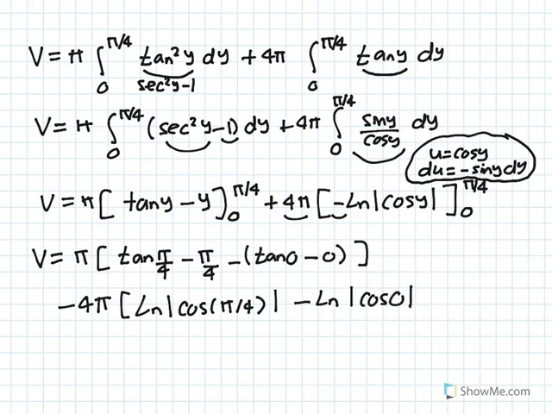All right, tangent of 0 is 0. Tangent of pi over 4 from special triangles is just 1. Cosine of pi over 4 is adjacent over hypotenuse is 1 over root 2. And cos of 0 is 1. So we have to memorize all of these. All right, so now let's simplify this further.